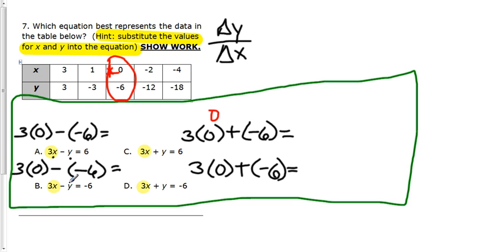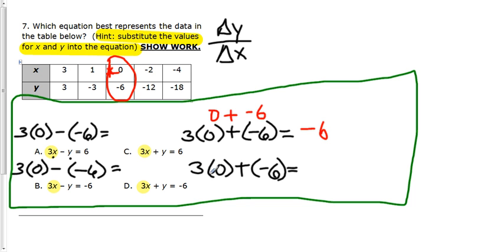I'm not going to do A and B first because I'm subtracting a negative number. Then I have to do all this leave, change, opposite. Just a lot more work. So adding is much easier for me, so I might want to do that first just because it's easy. So I have 0 plus negative 6. Well, nothing plus negative 6 is going to stay negative 6.